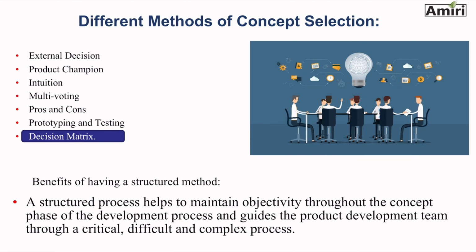In a lot of cases, depending on the project and the product, you build a few or several prototypes and test them, and based on the test results and findings, you move forward with one or a few of those prototypes and concepts.